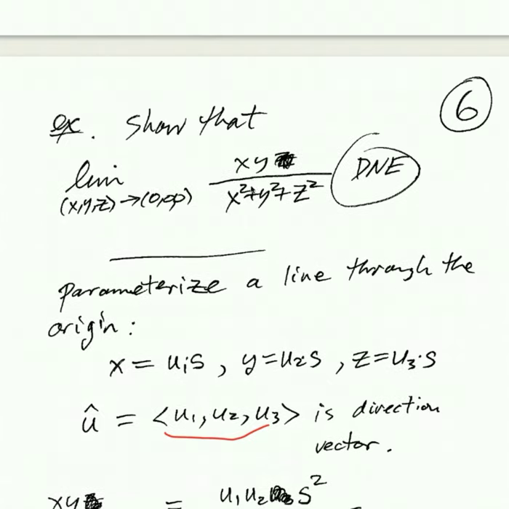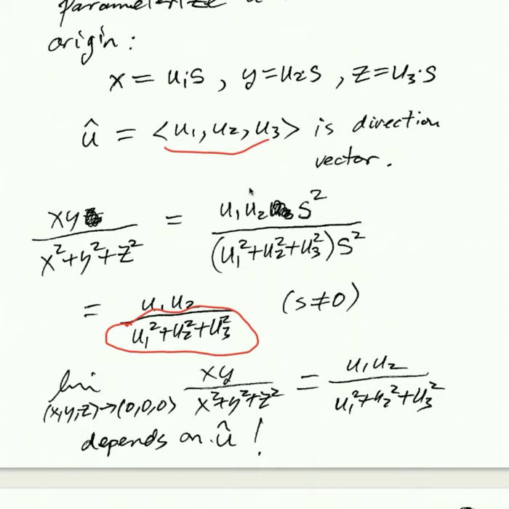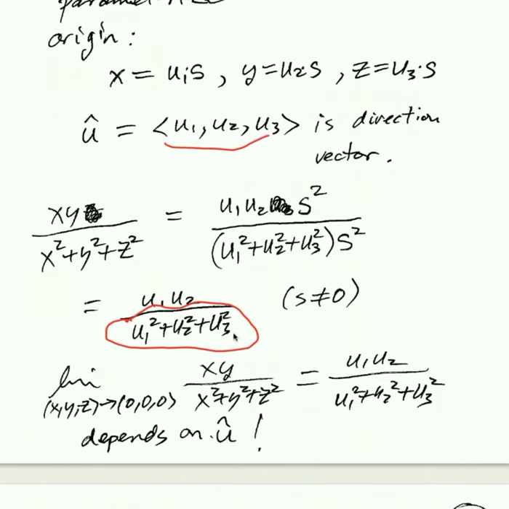Now, the limit existing is not supposed to be affected by the way in which you approach the origin, or whatever point you're finding your limit at. You see, this is not independent of the direction of approach.